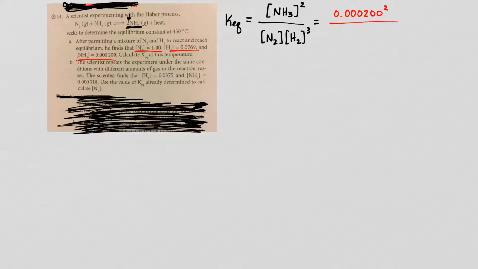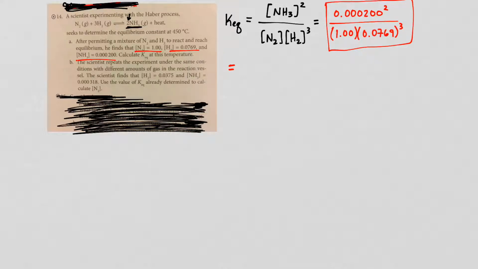Then in the denominator we have 1, and then we're going to multiply that by whatever hydrogen is, which is 0.0769 cubed. I'm going to put the result down below. You just have to plug this into your calculator correctly, and that's all.